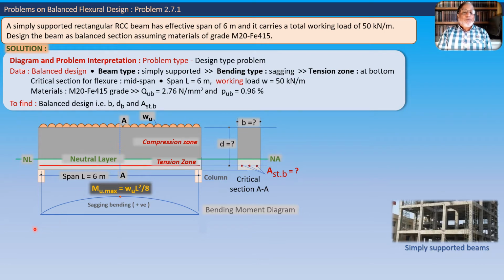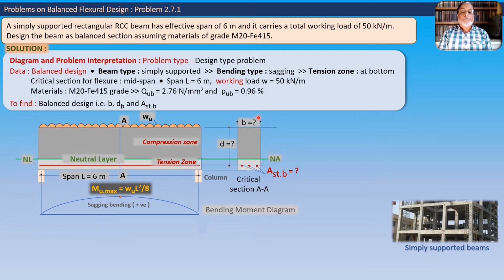Now we see that the bending moment diagram of the beam is a parabolic curve with the highest value of bending moment at the center of the beam for this uniformly distributed load. So this point at which the bending moment is maximum will be called the critical section. Critical because the value of bending moment is highest at that point. So we take the cross section AA as the critical section, and we show the details in cross section.